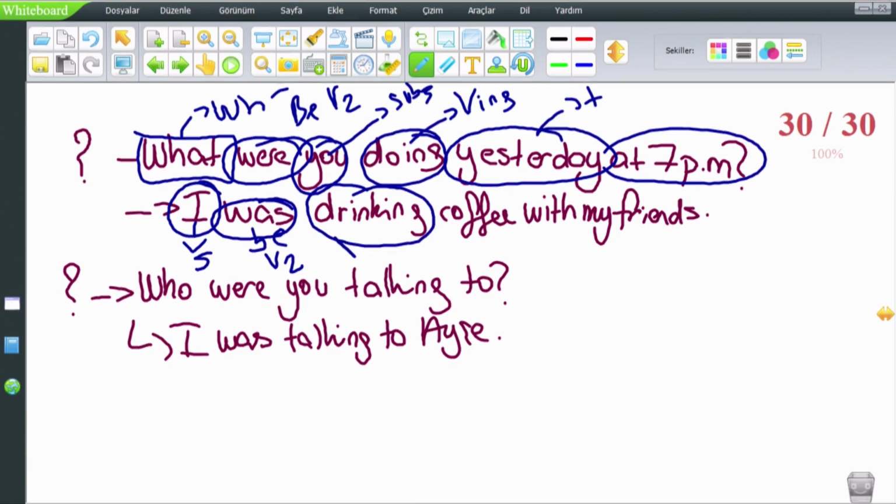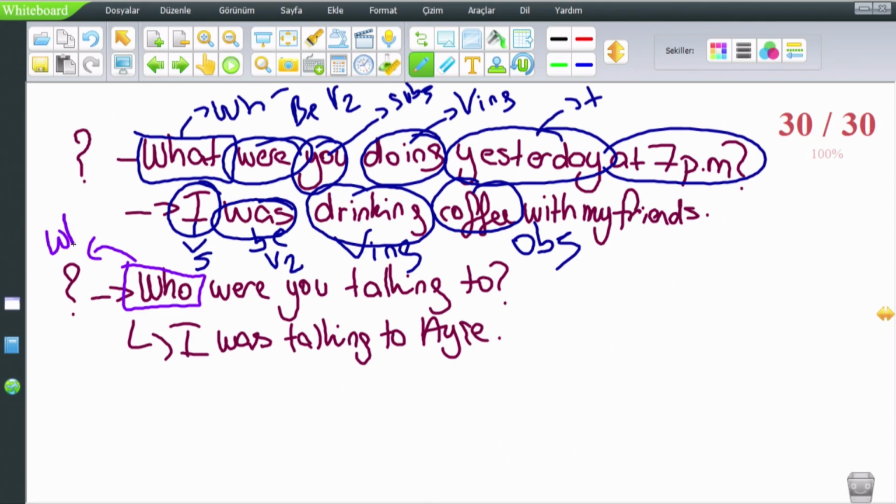Verb ing and object. Let's have a look at the second one. Again, this is a typical WH question starting with who.